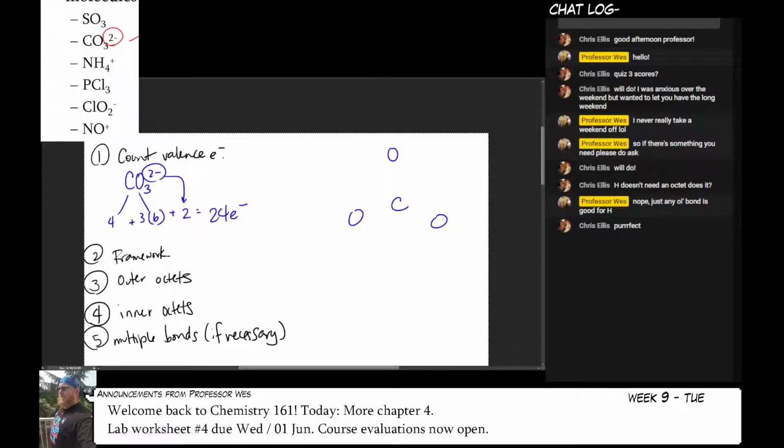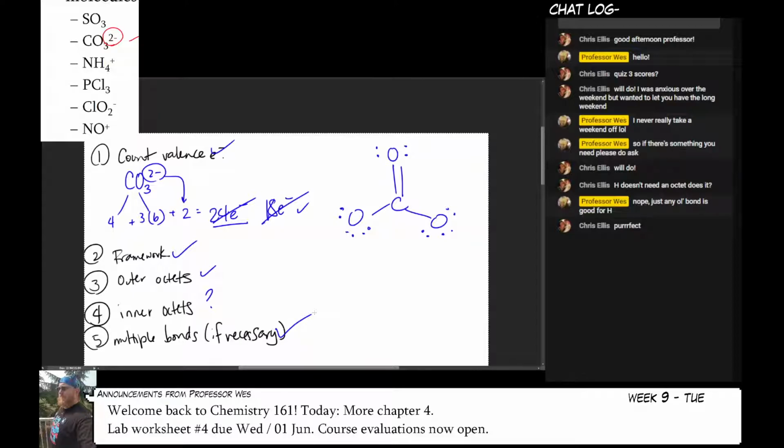And it turns out it totally is, because it's the same number of electrons, right? So connect, connect, connect. There's 18. Now we could fill in our octets on the outside. There's 6, there's 12, here's 18. Oh, look, we're out of electrons. There's not enough electrons. Let's take any pair of electrons and make a double bond. There you go.